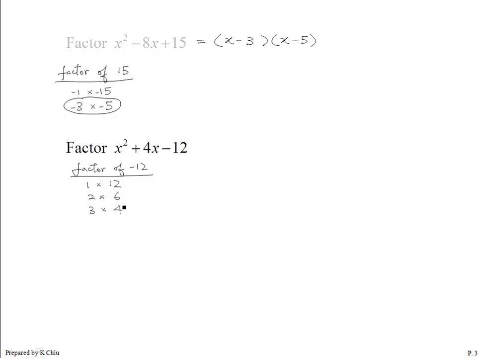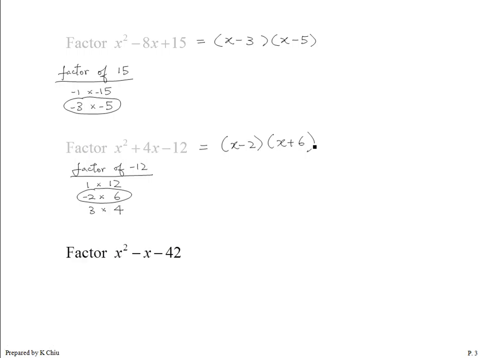And now I have to decide which one I give the negative to, 2 or 6, so that the sum is equal to 4. I'm going to give it to 2, and so when they add together, it becomes positive 4. So now I can read the answer. That would become x minus 2 times x plus 6. So far so good.